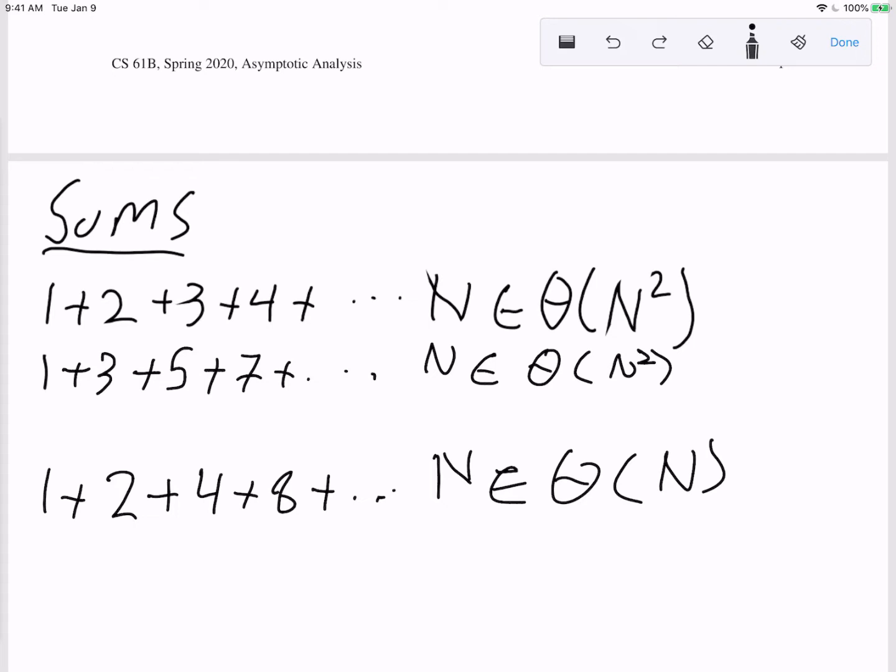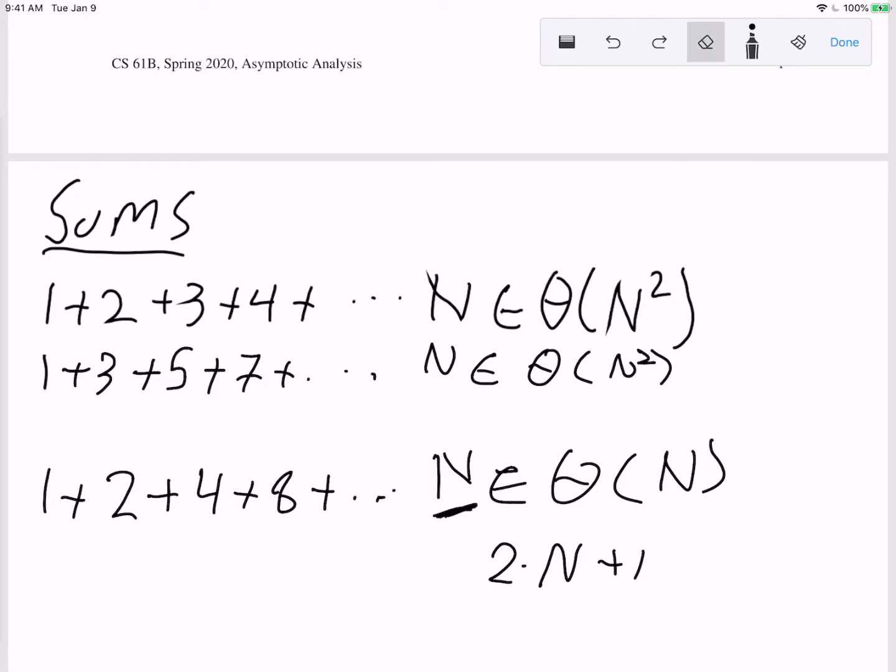Geometric sums grow so quickly that the entire sum is basically captured by the last number in the sequence. Specifically with powers of 2, the sum is off by about 1 from the last term, or I guess it ends up being something like 2n plus 1.